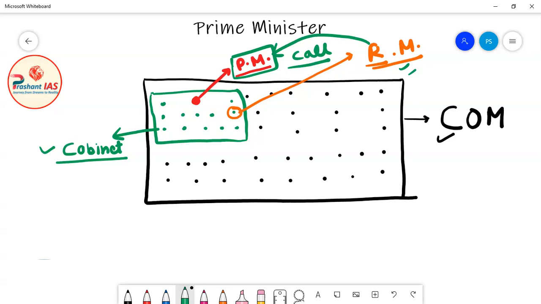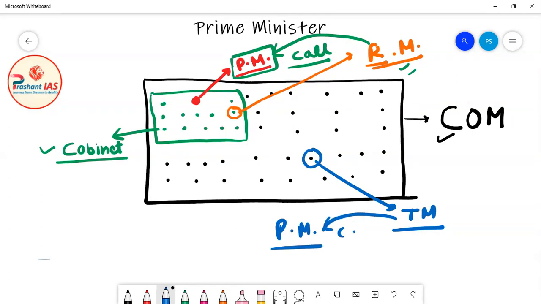So let's suppose that this person is the tourism minister. Now Prime Minister of India can call him also and ask for any information from him, and it is his duty to tell all the information to the Prime Minister.